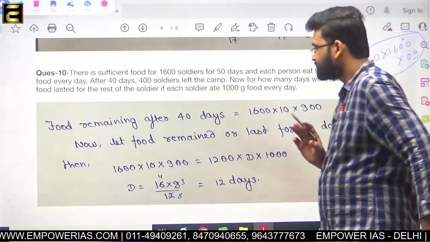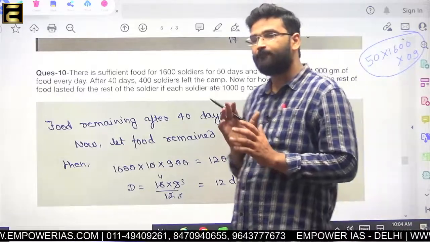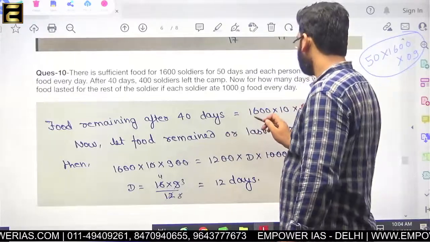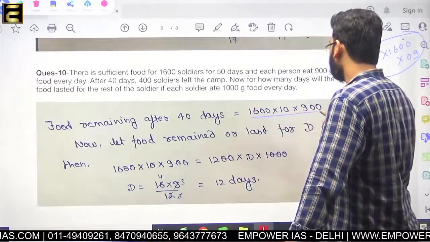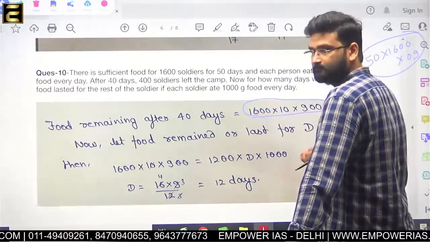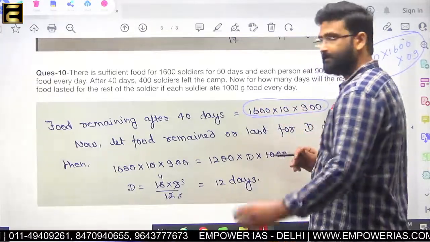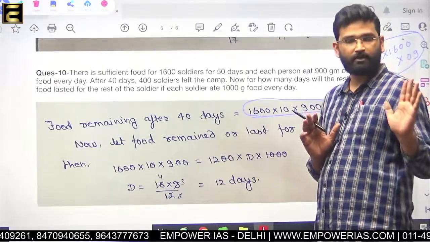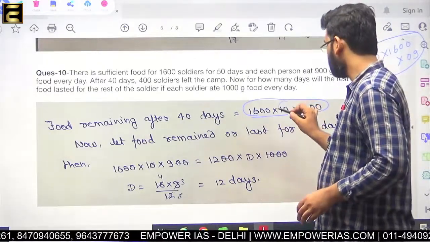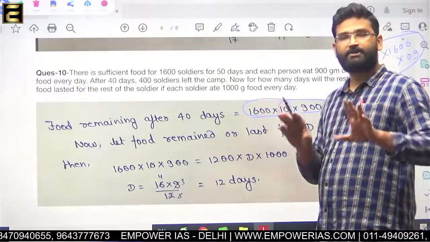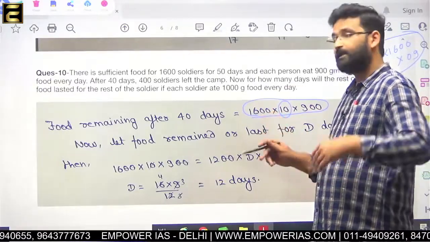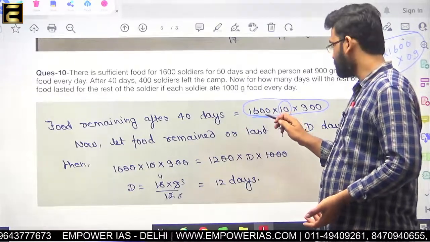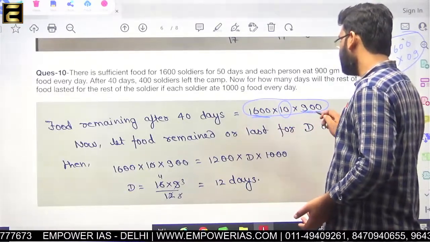So see here, how much food is remaining after 40 days? It is 1600 into 10 into 900 grams. After 40 days, how many days are still remaining? 10 days, since the food was for 50 days. For those 10 days it was expected that 1600 soldiers would be there, so 1600 into 10, and each soldier consumes 900 grams.